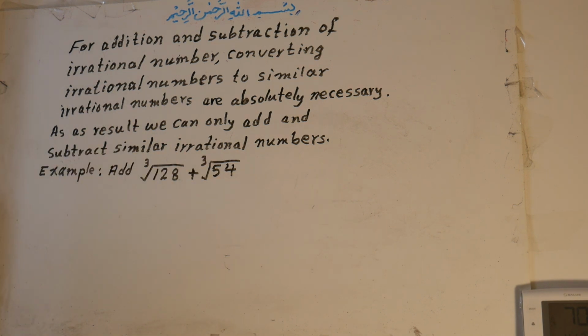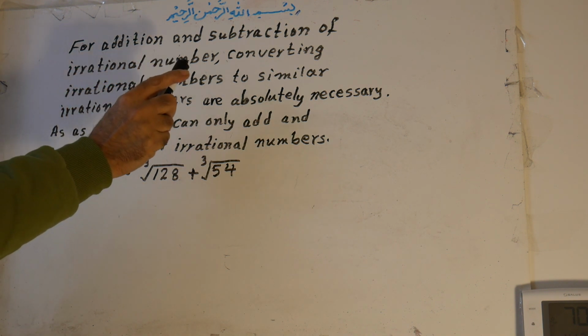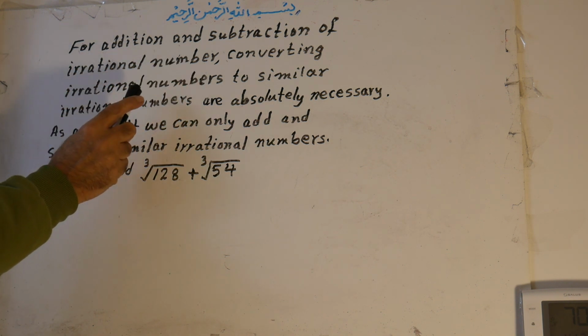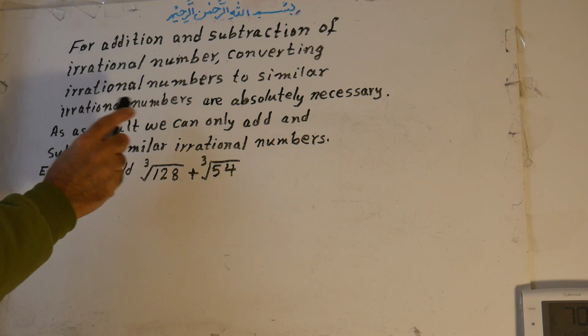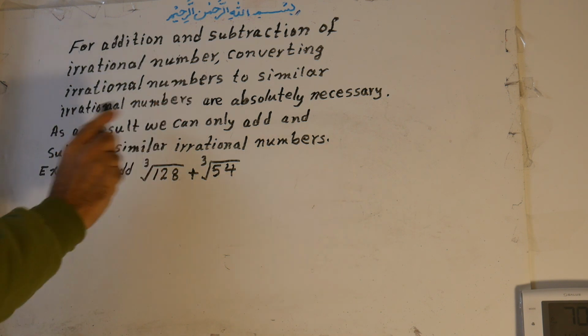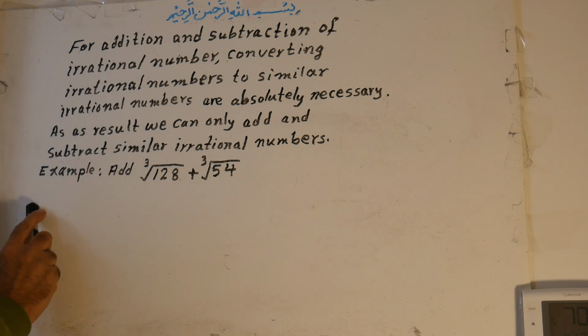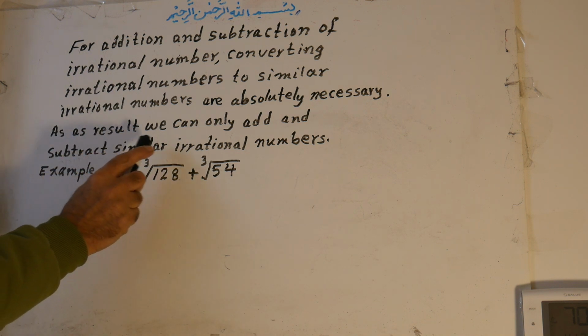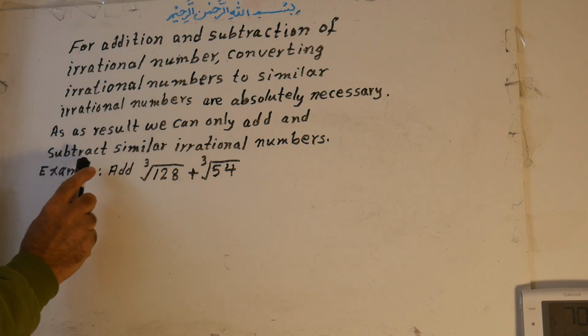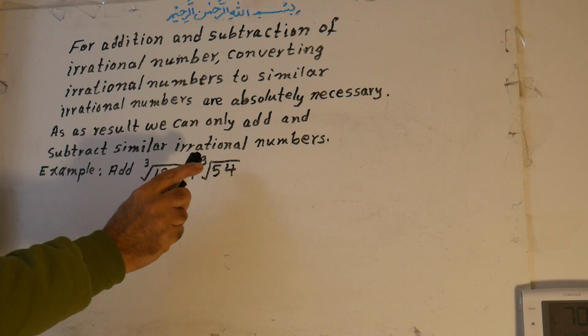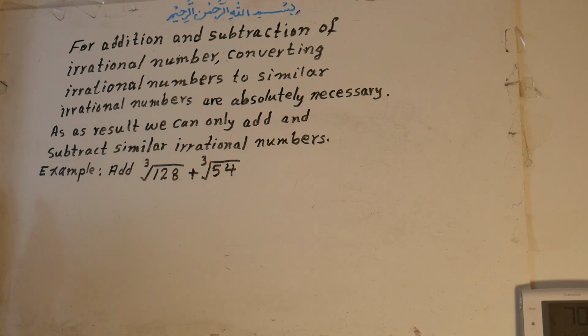It means that if the irrational numbers are not equal or similar, we cannot add and subtract them. I repeat, converting to similar irrational numbers is absolutely necessary for addition and subtraction, and we can only add and subtract similar irrational numbers.